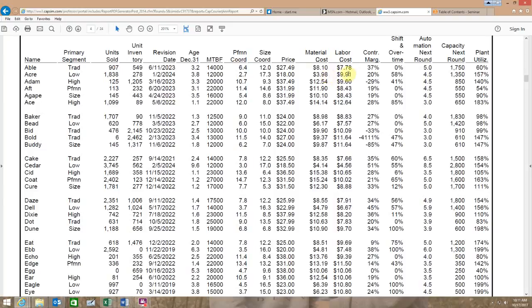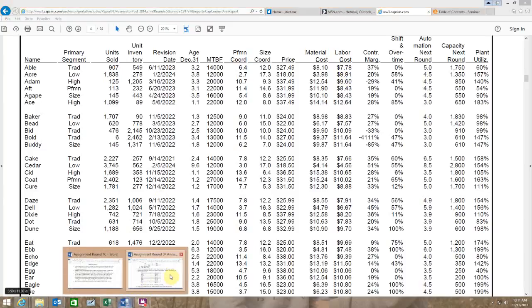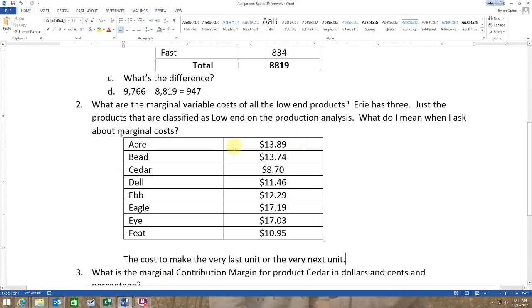Well, it's this. This is my marginal cost, or the cost that it was for me to build the very last unit. For Acre, it's just about $4 and $9.91, so it'd be $13.91 minus 2 cents, so $13.89 is what I should have, right? Hopefully I did the math correctly.